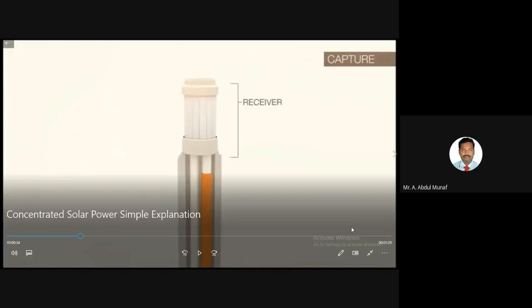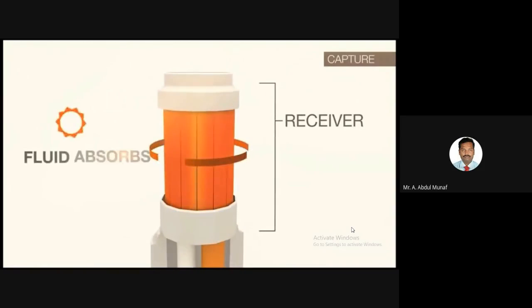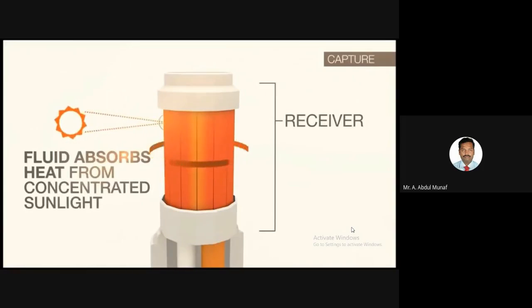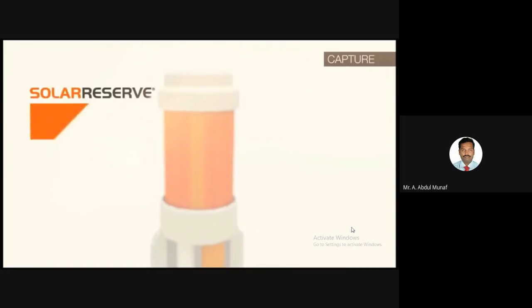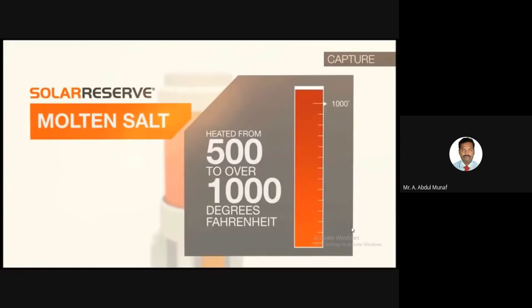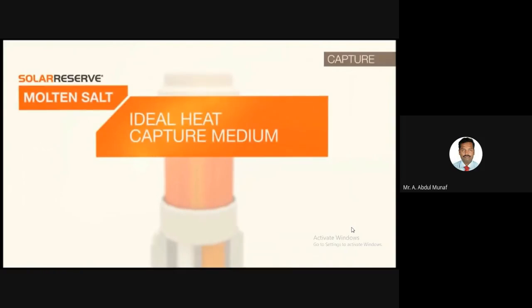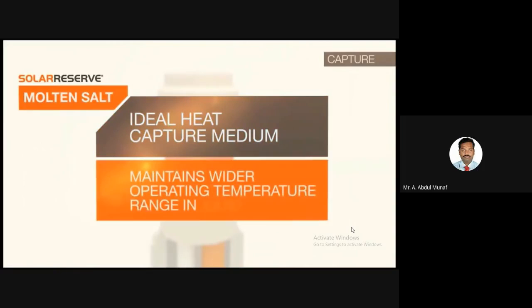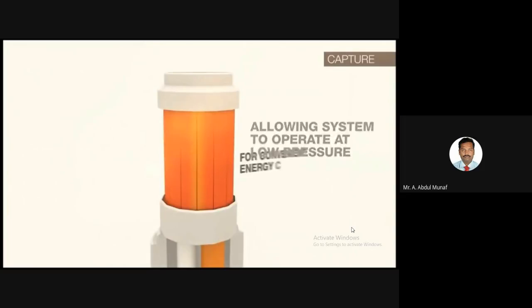This fluid absorbs the heat from the concentrated sunlight. In this technology, the fluid utilized is molten salt, which is heated from 500 to over 1,000 degrees Fahrenheit. Molten salt is an ideal heat capture medium because it maintains a wider operating temperature range in liquid state, allowing the system to operate at low pressure for superior and safe energy capture and storage.